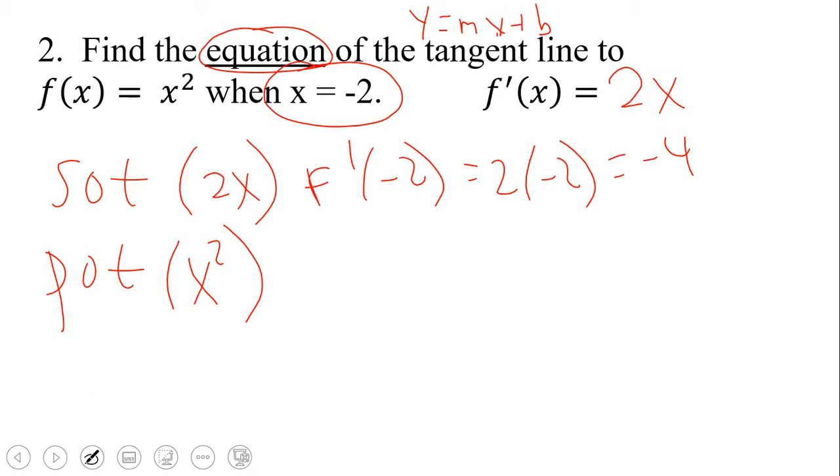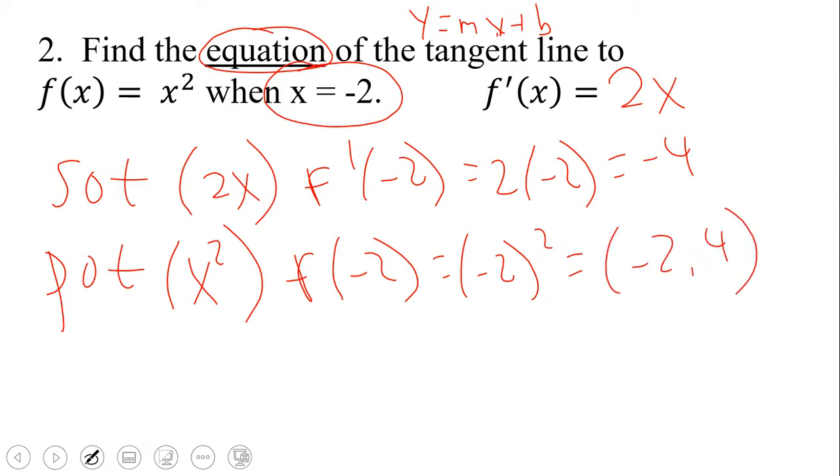Then to find the point of tangency, that means you have to actually find what is the point on x squared that this line goes through. So you have to find the value of just the f function at -2. So that would be -2 squared, which would be 4, which means the point of tangency is the point -2, 4.